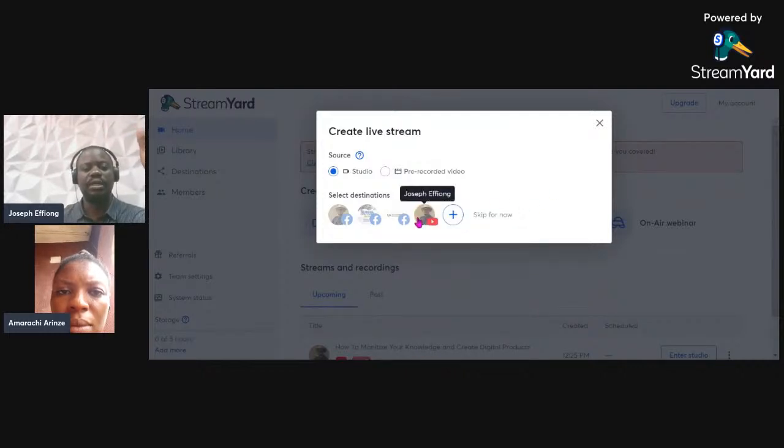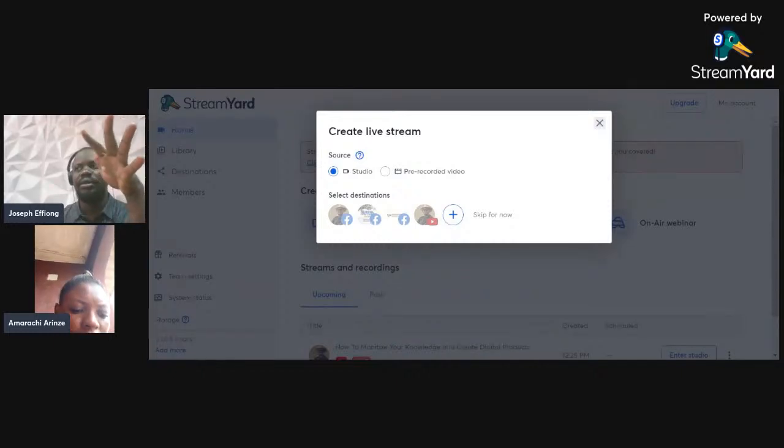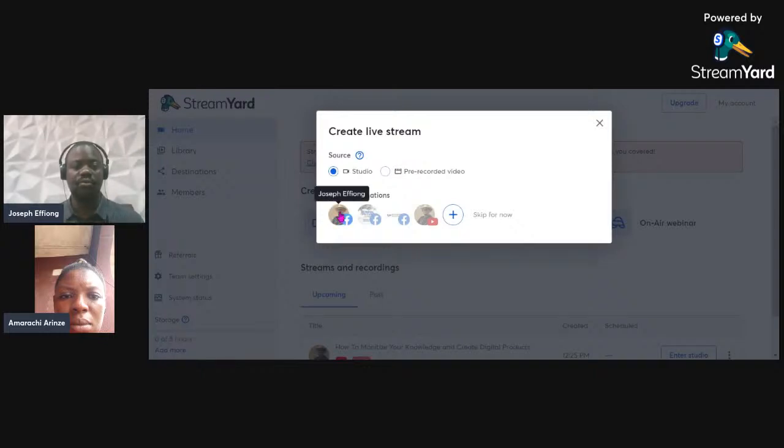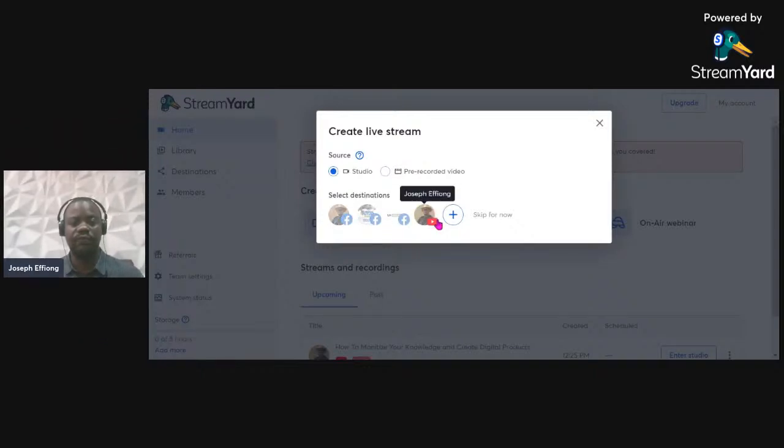So StreamYard offers a free plan that allows you to stream to one destination. But if you want to stream, maybe what I'm doing now, I want it to go to like 5, 6 places, I can go for the paid version, which means I can stream to 1, 2, 3, 4 places simultaneously and then go to LinkedIn, go to Instagram at the same time.